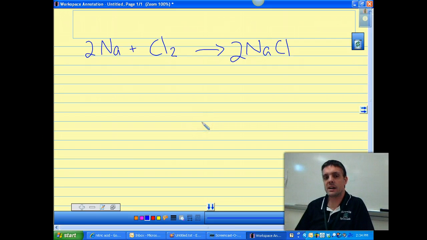Those coefficients of 2, 1, 2 end up being the ratios of those substances whenever that reaction takes place. You need 2 sodiums for every chlorine, and then you'll produce 2 salt molecules, 2 NaCl's.